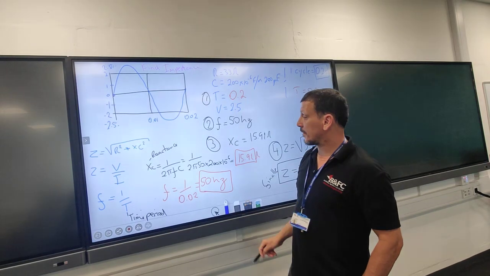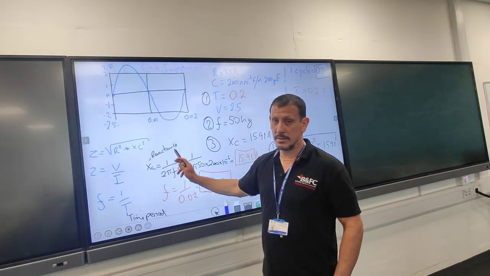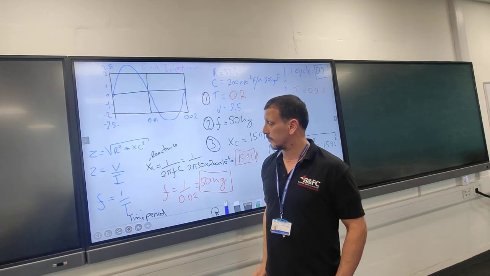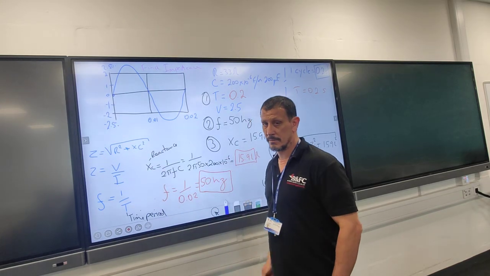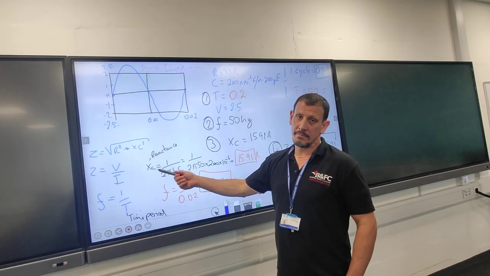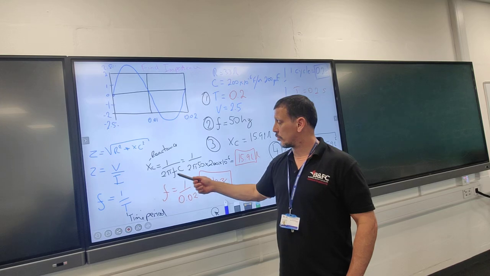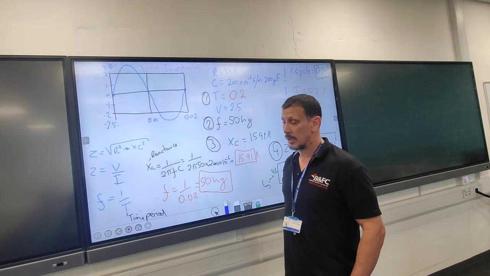Once we find the frequency, we can use the reactance formula to find XC, because we want to find impedance. So we know that the reactance of a capacitor is 1 over 2 pi times frequency times capacitance.